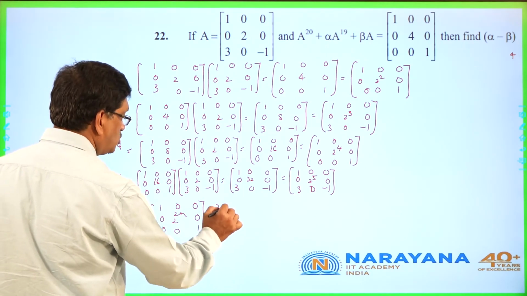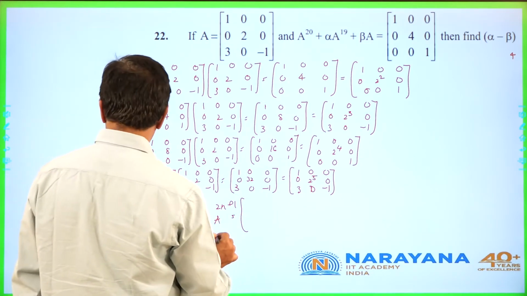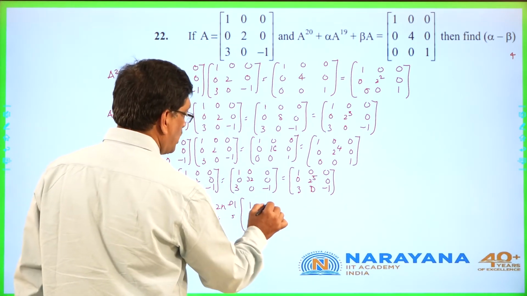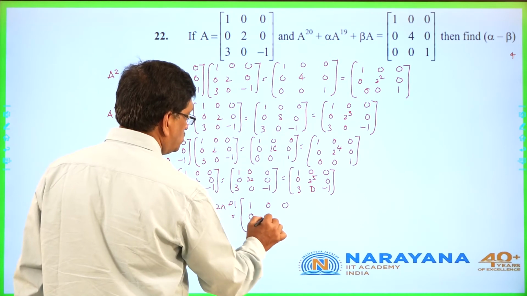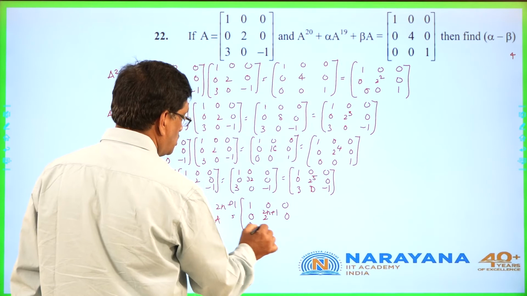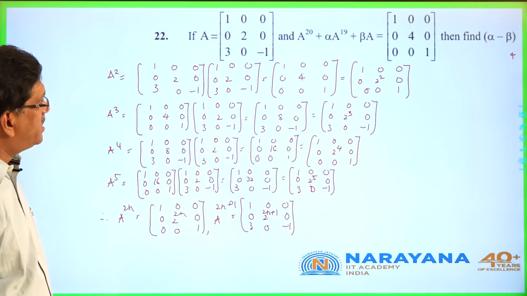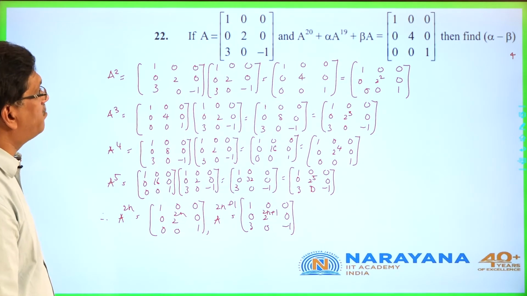A power 2n plus 1, that is odd, will be 1, 0, 0, 0, 2 power 2n plus 1, 0, 3, 0, minus 1. In this pattern we are getting those numbers.